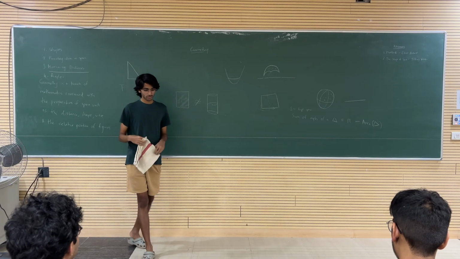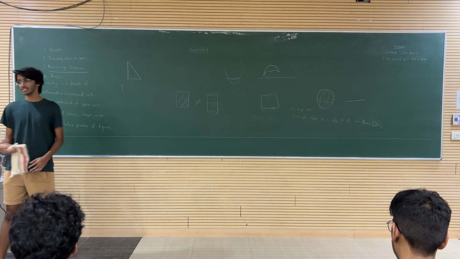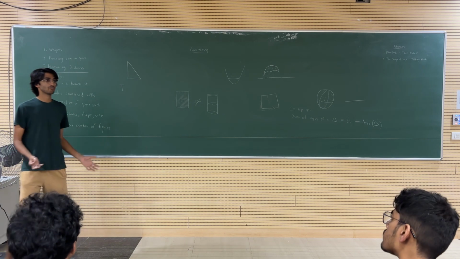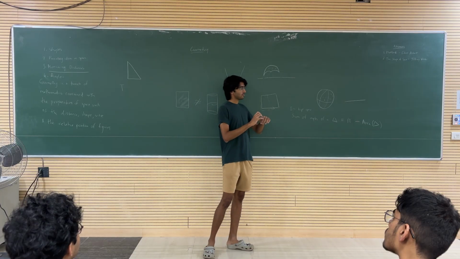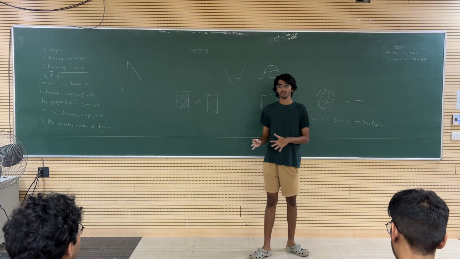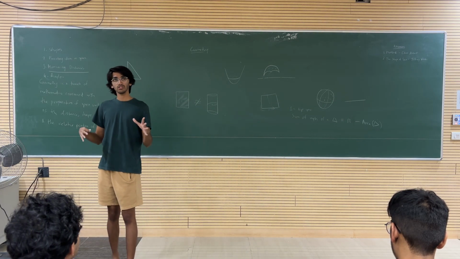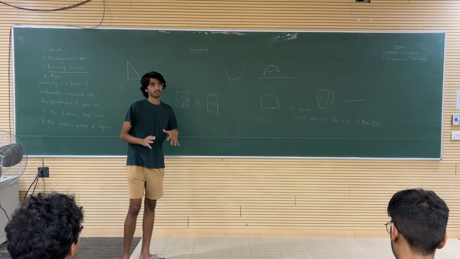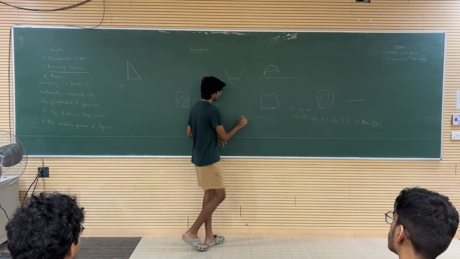But in order to differentiate between topological things, I would like you to imagine a blob of clay, and you can stretch it out however you want, but you can't tear it. And in stretching it out, you are preserving the topology of this piece of clay.